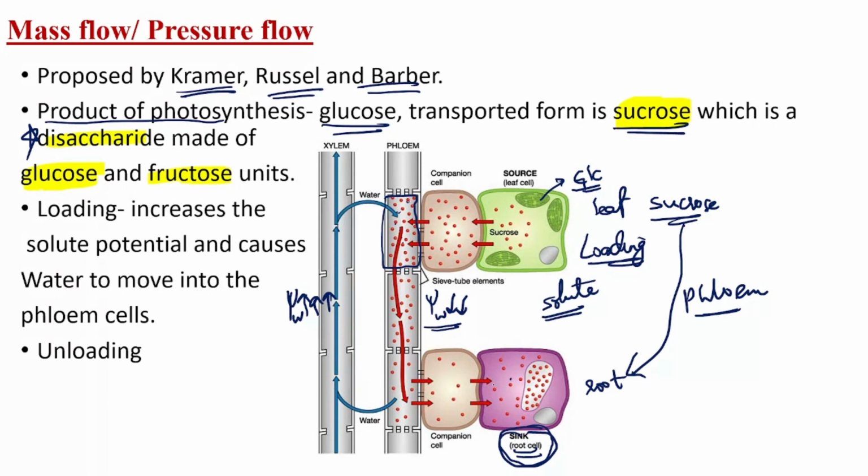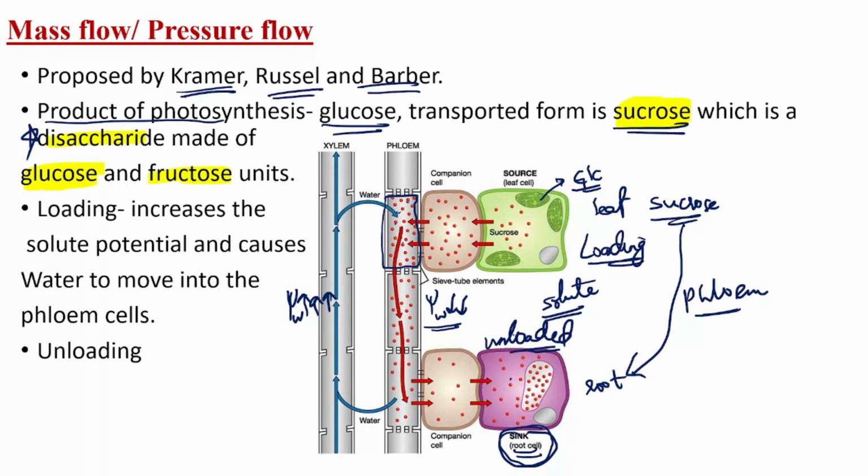Okay, now in the root, all the solute molecules get unloaded. Just imagine like you have ordered a gift or something on Amazon. Then what happens? We know that they pick the product from the shop, and that is called loading, and after that they give it to our home. That's unloading.